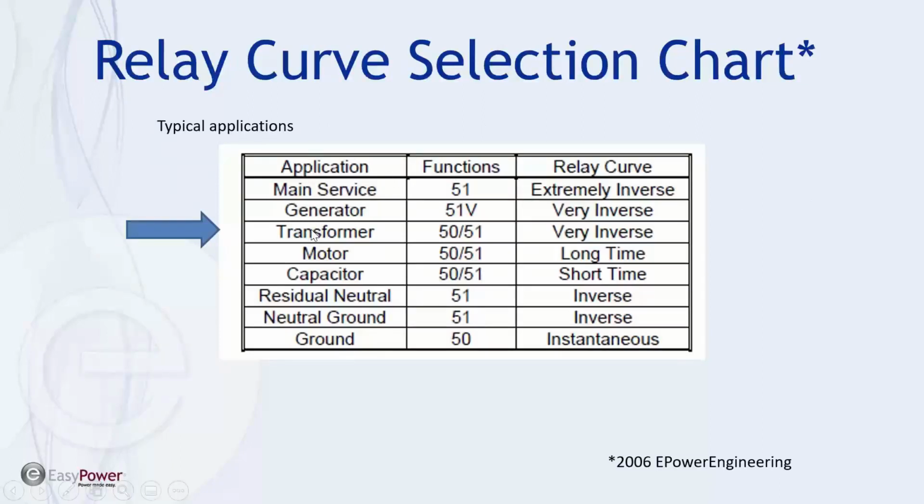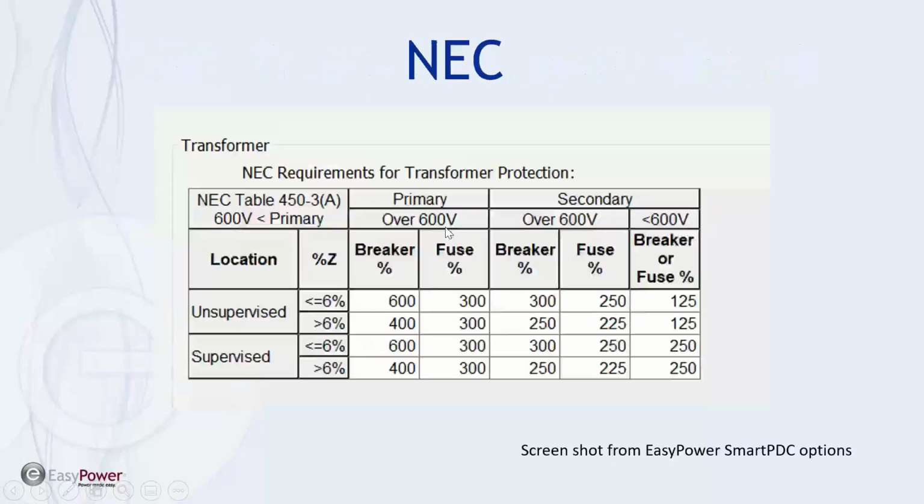Okay, routinely when we're talking about transformer protection with the relay, the recommendation is to use a very inverse curve geometry. And the National Electric Code recommends that the possibility of having protection as high as 6 times the full load current, if we fall into this particular plot or graph comparing impedance and the voltage and whether or not it's supervised or unsupervised.